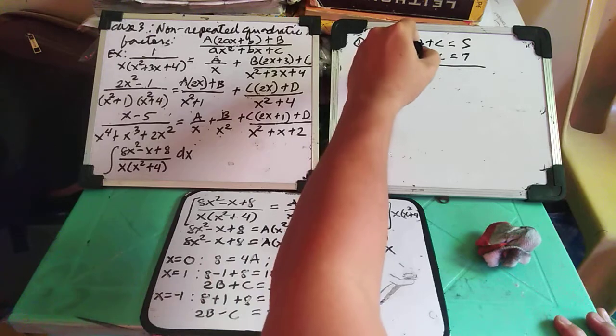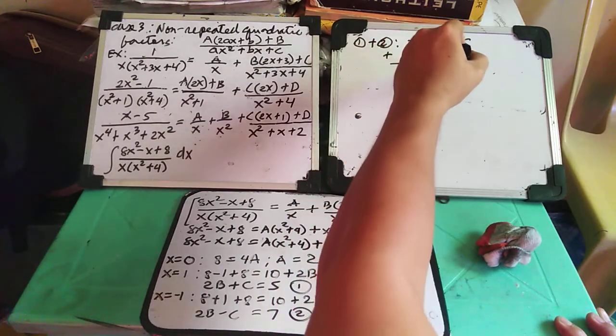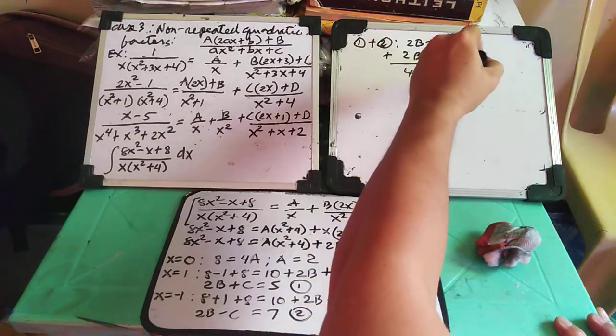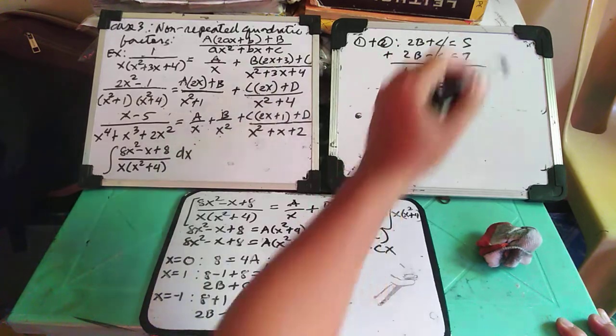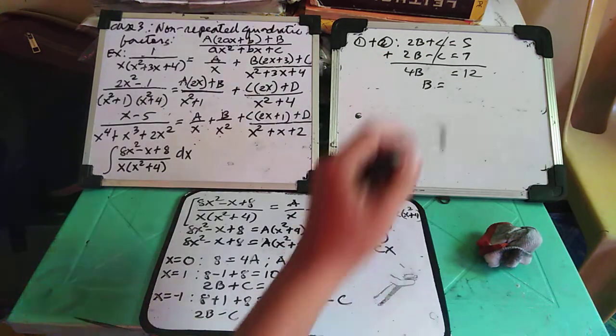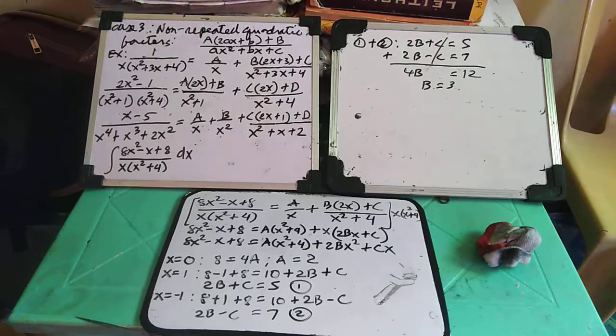So for b, c gives 0, and we have 4b equals 12. So b equals 3.